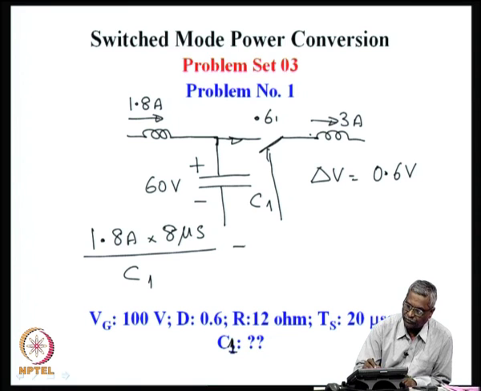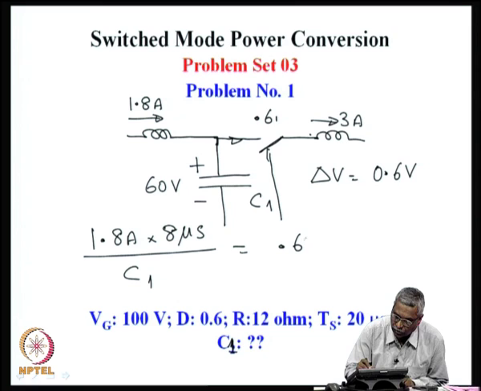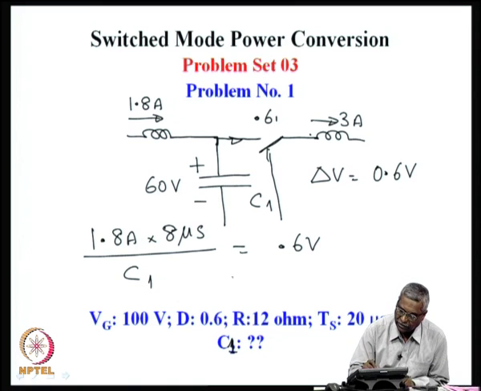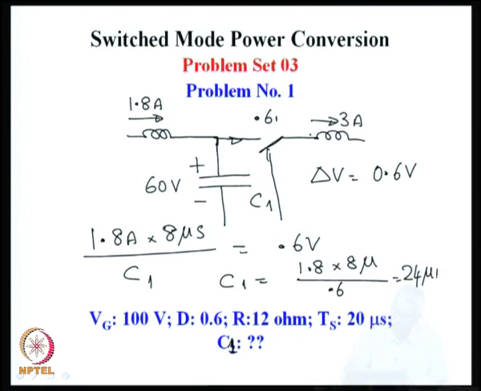This divided by C1 is the ripple voltage, and the ripple voltage is 0.6 volts. So, C1 can be calculated as 1.8 into 8 micro divided by 0.6, that is 3 into 8, 24 microfarad.